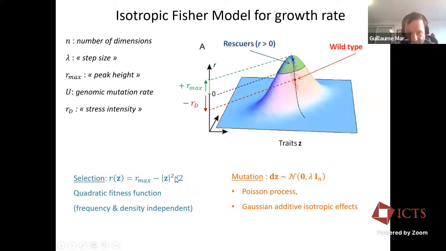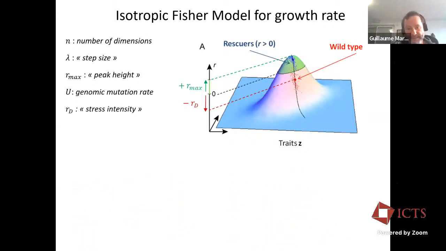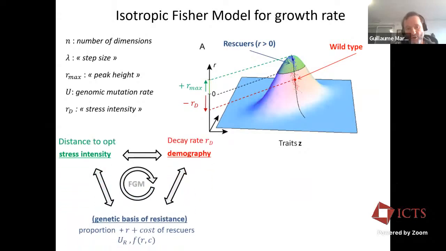So here are the quadratic fitness function and Gaussian mutation effect. The point of this is that you make a link that emerges from the model between the distance to the optimum, which characterizes the stress intensity in phenotypic space, the decay rate, of course, because the farther you move, the higher the decay rate, which is an important parameter of our rescue models so far, and also the genetic basis of resistance, the proportion, the growth rate, and the cost of the rescuers.